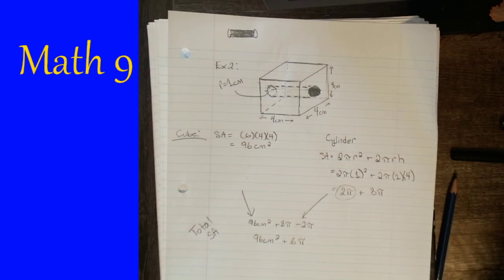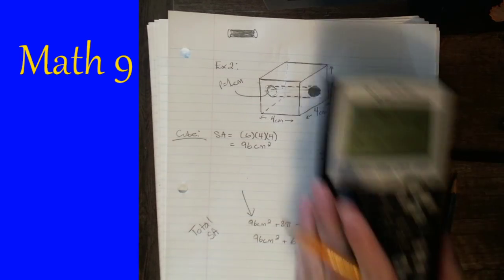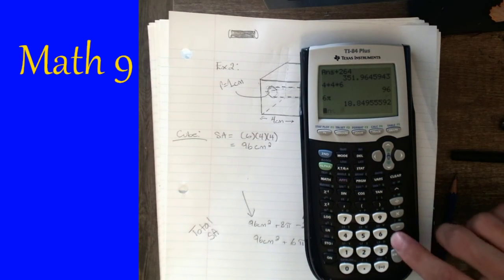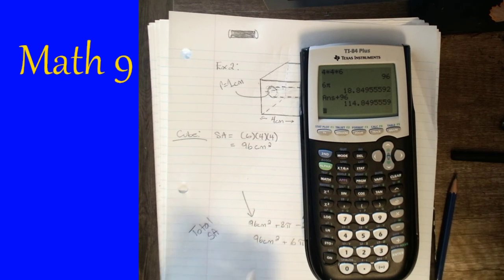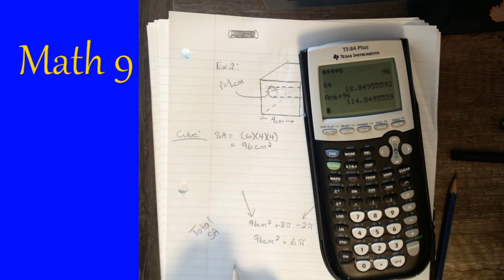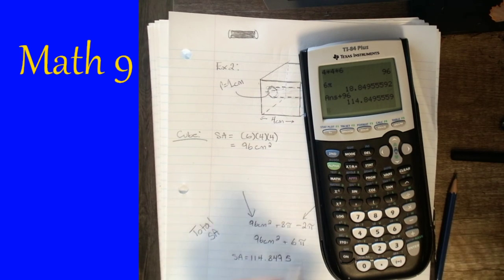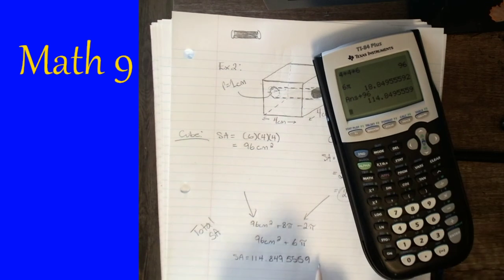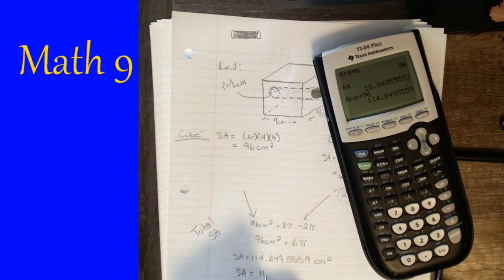We'll very quickly calculate that. So plus 96, we have roughly the surface area is equal to 114.84955 centimeters squared. We'll just round that, like I said previously, to the nearest whole number.